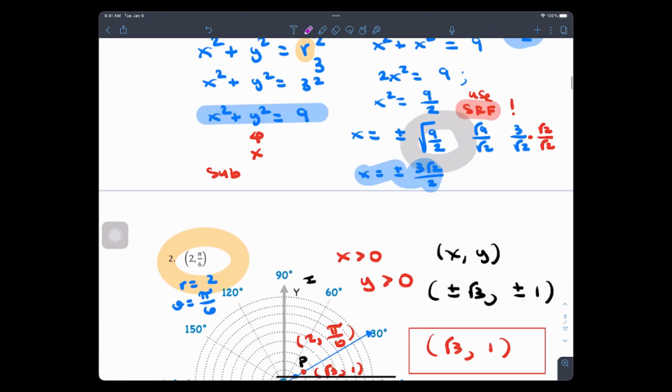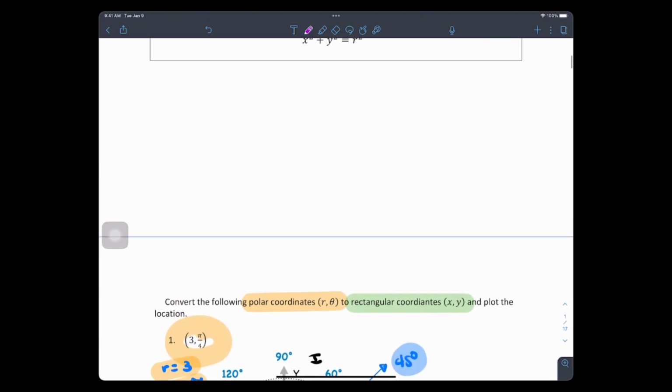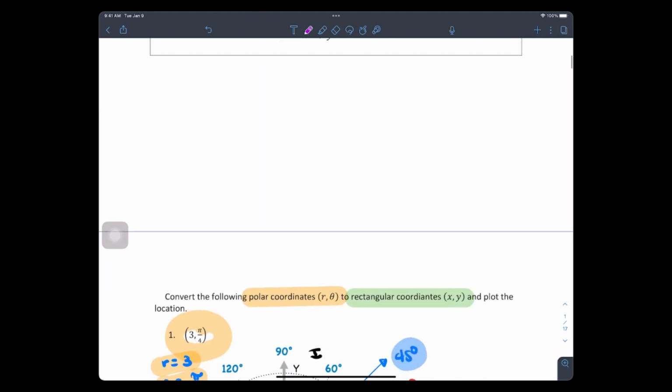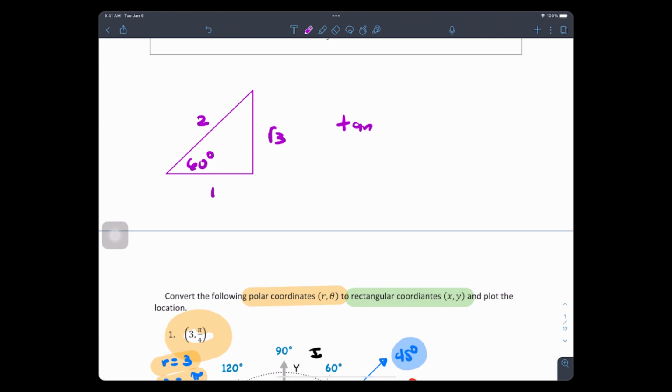Do we have a 60-degree special triangle somewhere? Darn it, I erased it. I wish I didn't. 60 degrees. Isn't this 2, 1, square root of 3? So what's tangent 60 again? Do you guys remember? Opposite over adjacent.